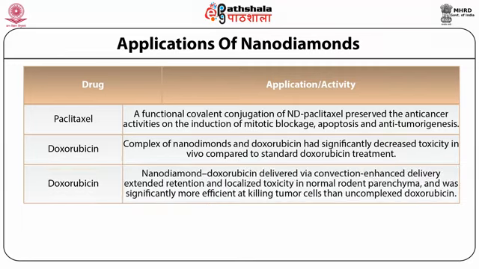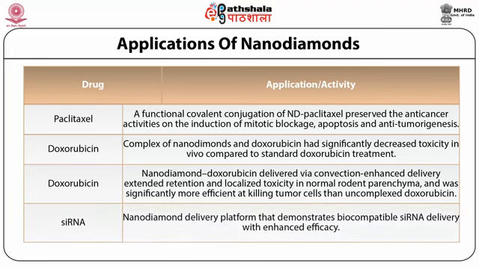Then nanodiamond-doxorubicin delivered via convection enhanced delivery showed extended retention and localized toxicity in normal rodent parenchyma, and was significantly more efficient at killing tumor cells than uncomplexed doxorubicin. Then there is the siRNA nanodiamond delivery platform that demonstrates biocompatible siRNA delivery with enhanced efficacy.